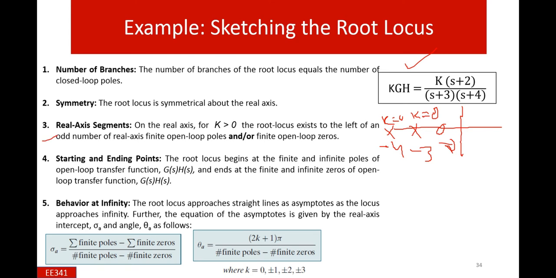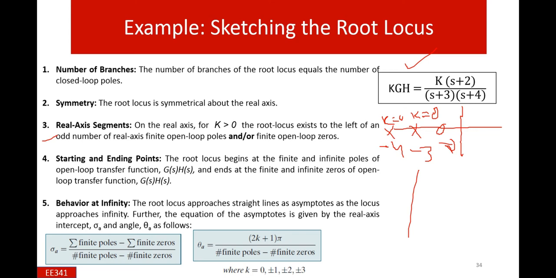If we are talking about this zero, to the right side of this zero the sum of zeros and poles is equal to 0. And if we take this pole at -3 and count the sum of the zeros and poles on the right half of this one, it is equal to 1, which is odd.